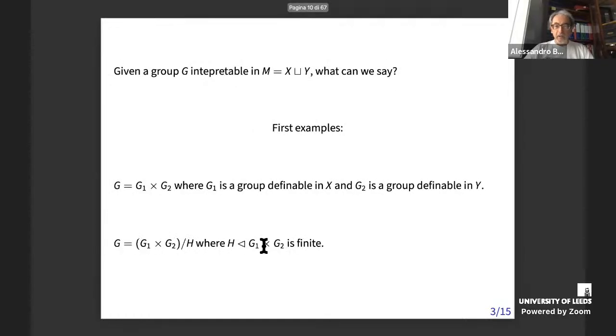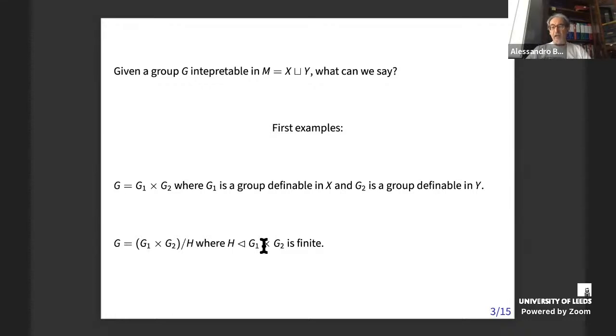Okay, so the main question we want to address is the following, and I'll tell you that we are not able to answer it. So the question is, given a group definable in a disjoint union of two structures, what can we say?